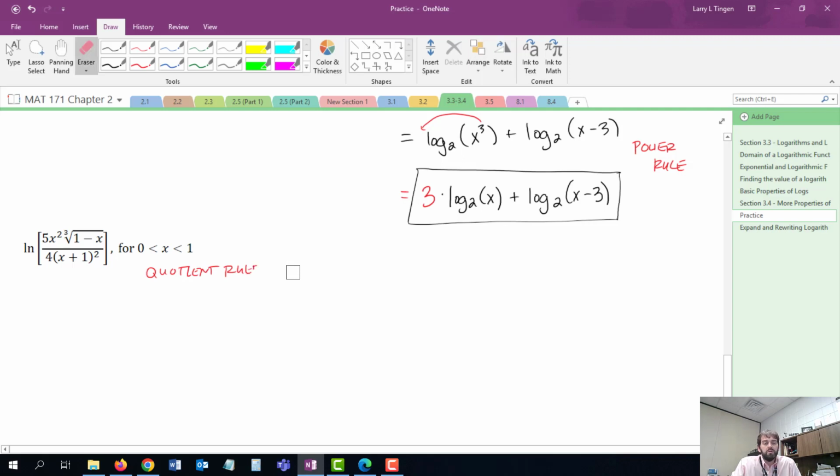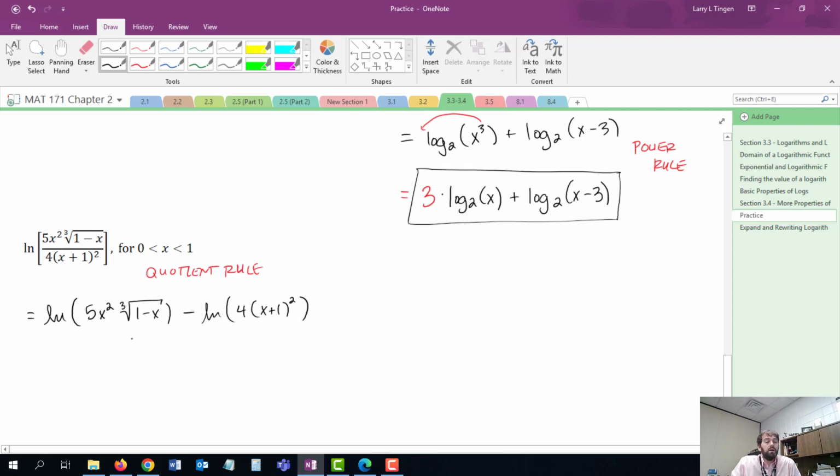And the quotient rule just lets me break this up into the natural log of the numerator, 5x squared times the cubed root of 1 minus x, minus the natural log of 4 times x plus 1 squared.